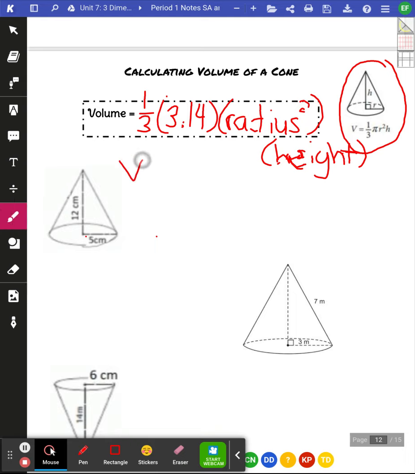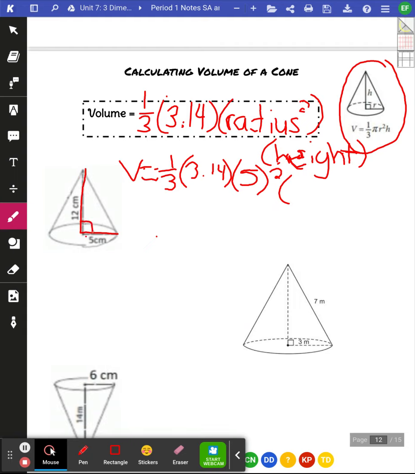If I start writing out my formula, I have 1/3. I can use 3.14 for pi. My radius here is 5. So I have to square that. And then multiply it by our height.